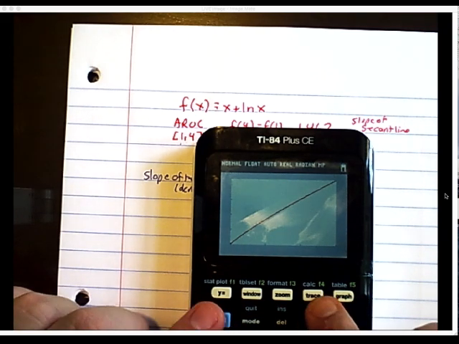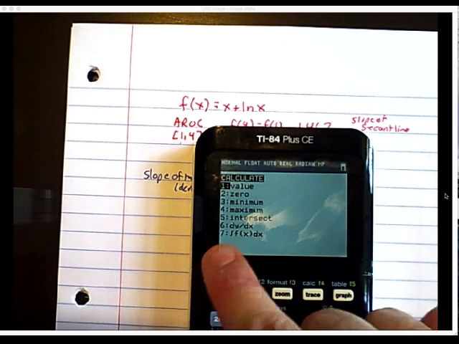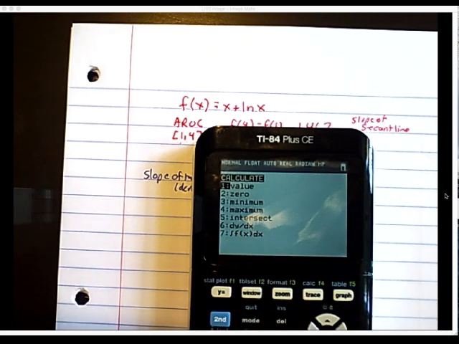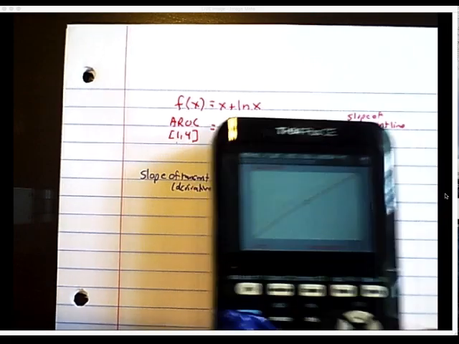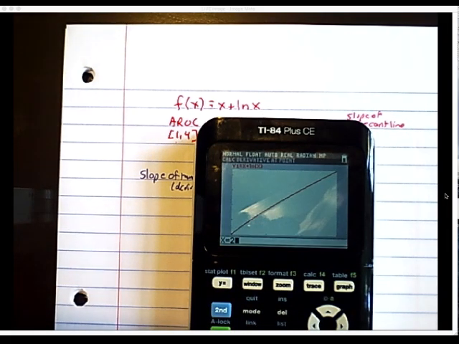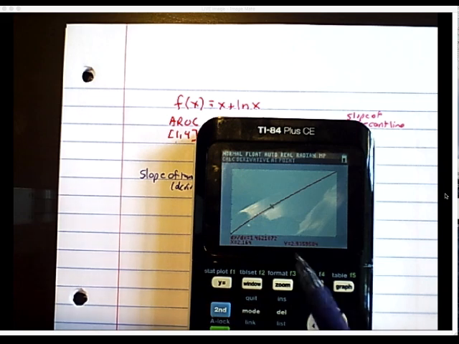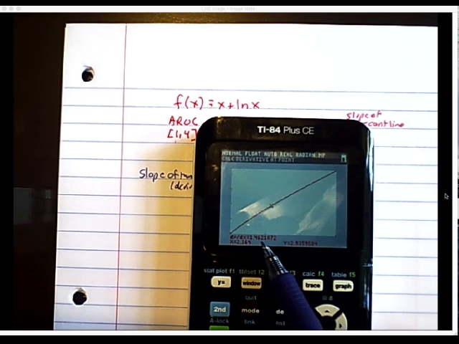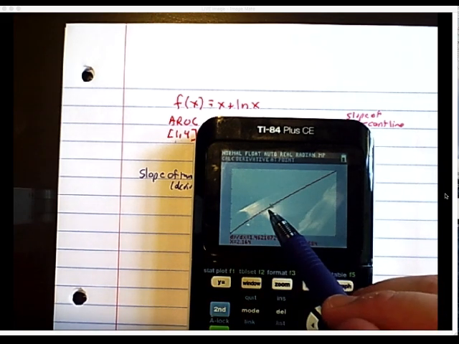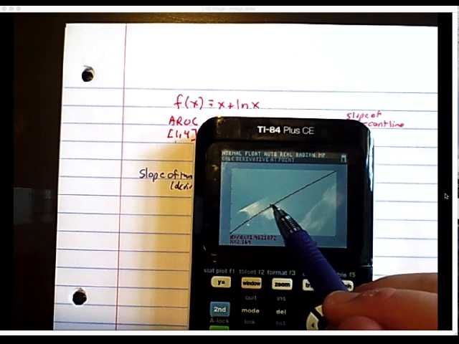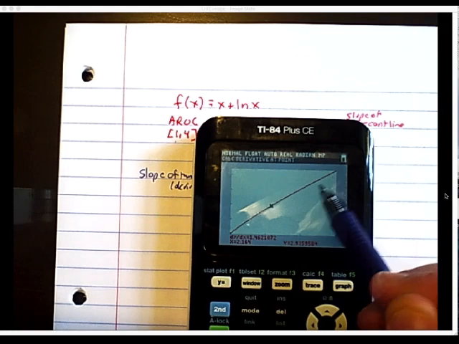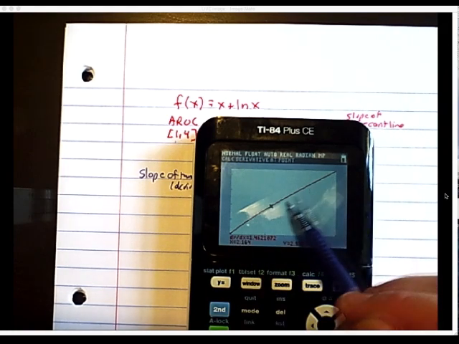Let's hit second calculate. We're going to calculate the derivative at 2.164. What do you notice here? It's 1.462. So if I drew in a tangent line right there, it would be parallel to the secant line that I would draw between the endpoints.